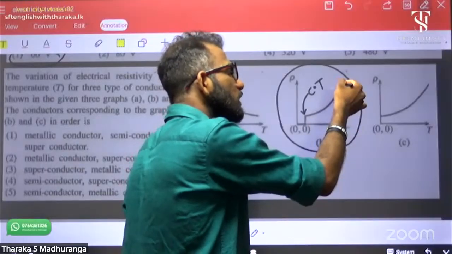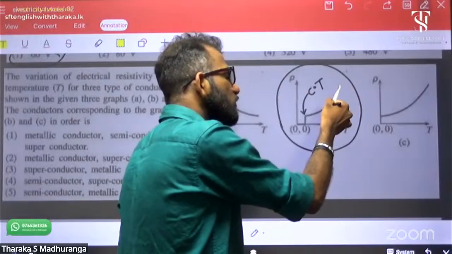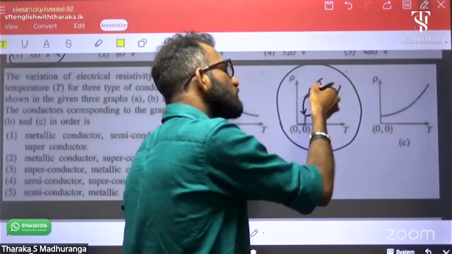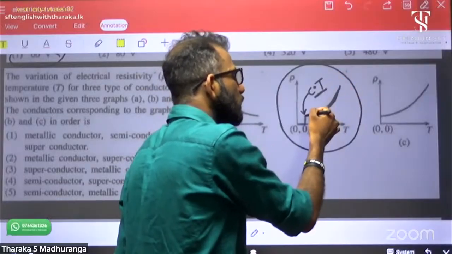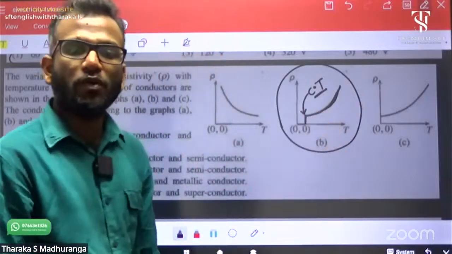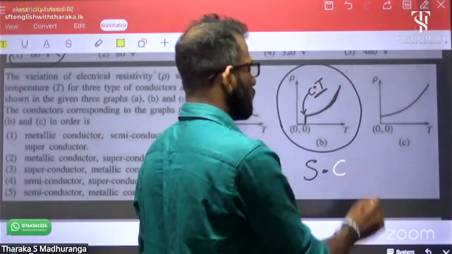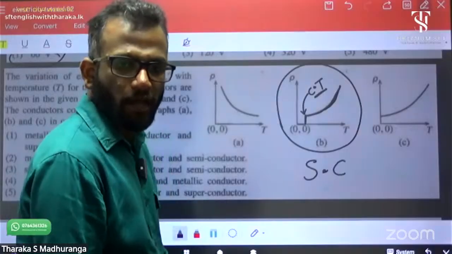When you decrease the temperature, resistivity is decreasing. When it comes to a certain temperature that we call the critical temperature, what happened? It goes to zero. That's why we call them superconductors.